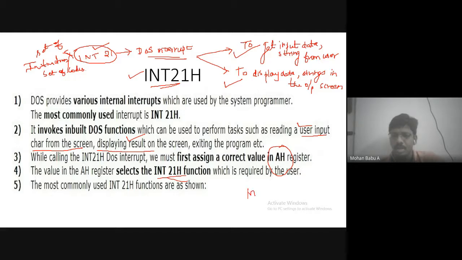I mentioned some examples. If you need data from the user, the user types some number on the keyboard. Accepting data from the user is very difficult in 8086. If you type some numbers on the keyboard, this will not give the exact number.